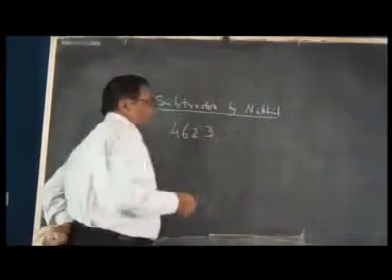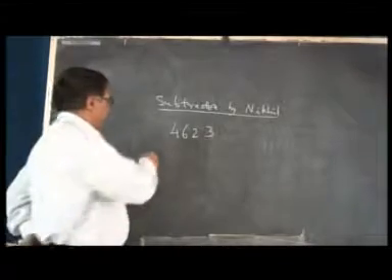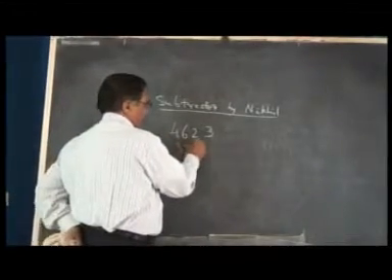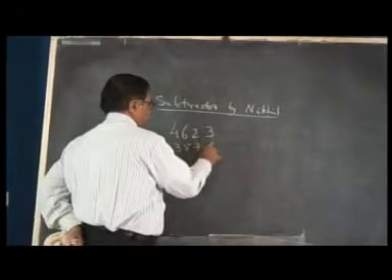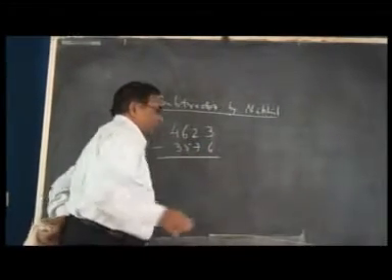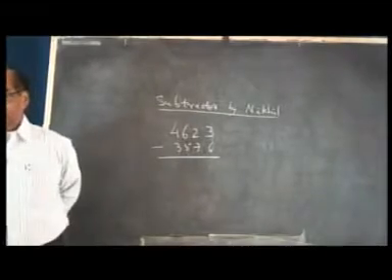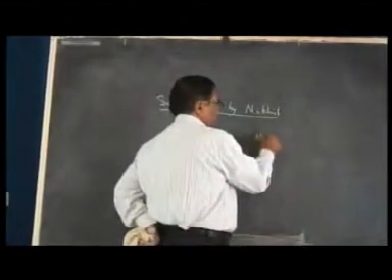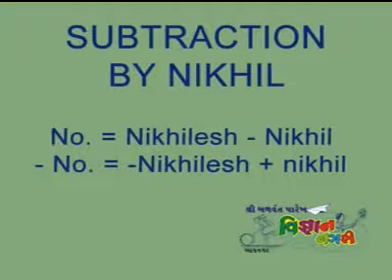4623 minus 3576. We know the number is Nikhilesh minus Nikhil. Obviously, Nikhil is Nikhilesh minus the number.